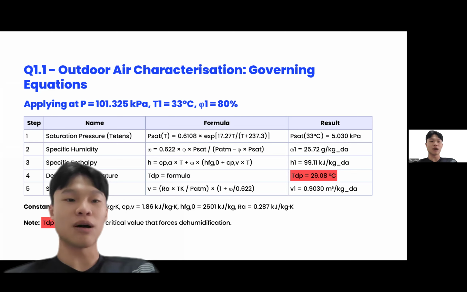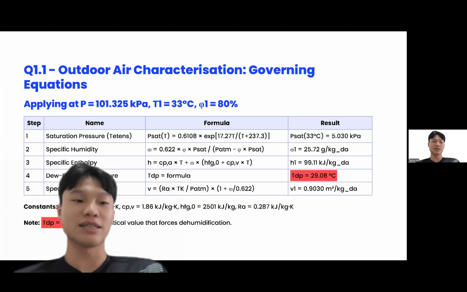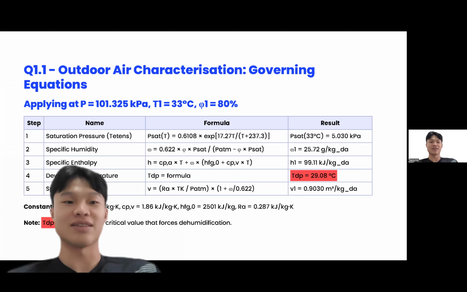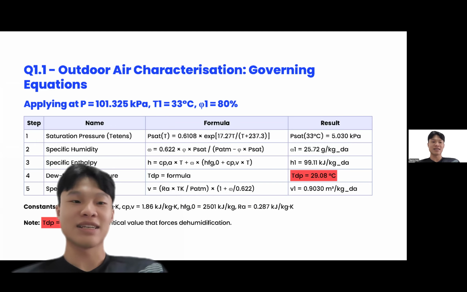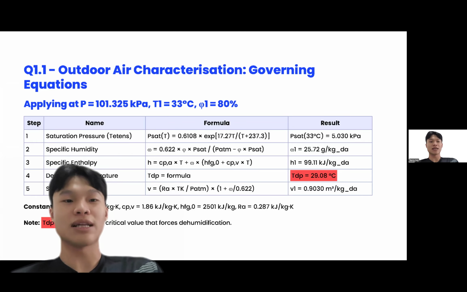Step 4 is the dew point from the Magnus inverse formula, which is 29.08 degrees Celsius. This is the critical value on this slide. It means any coil surface cooler than 29 degrees will immediately start condensing moisture, so dehumidification is physically unavoidable.